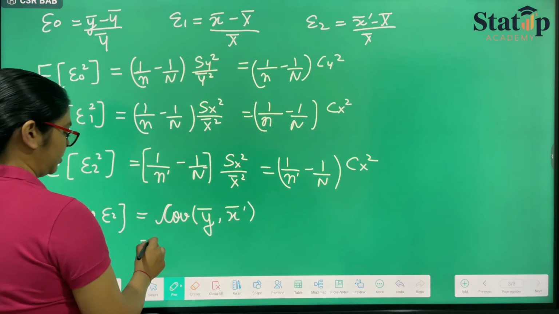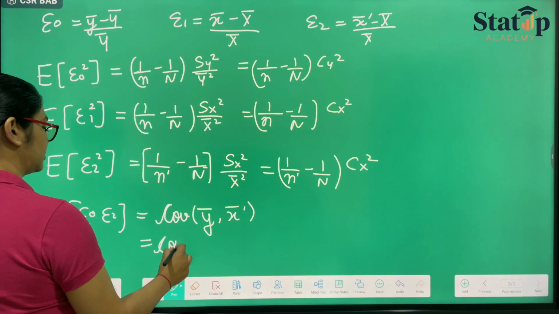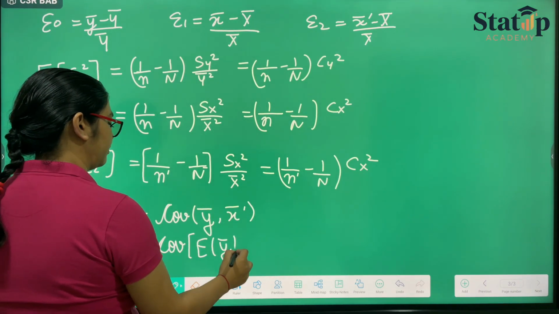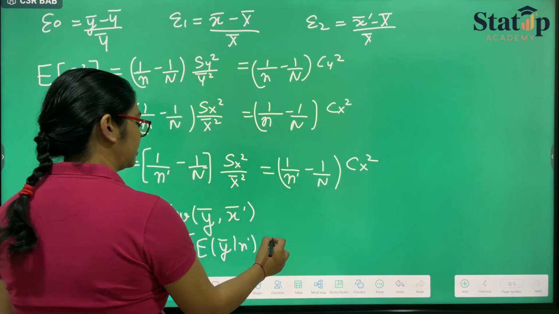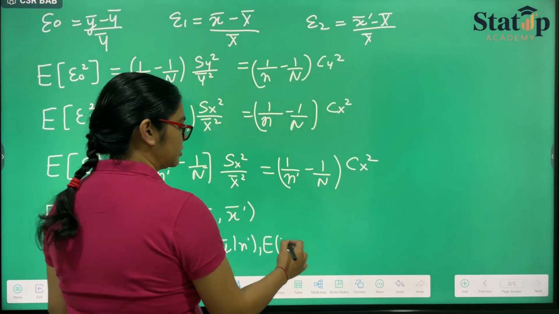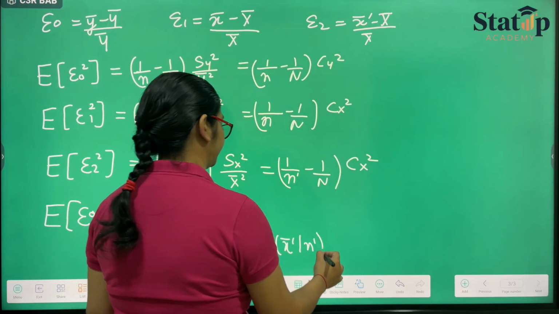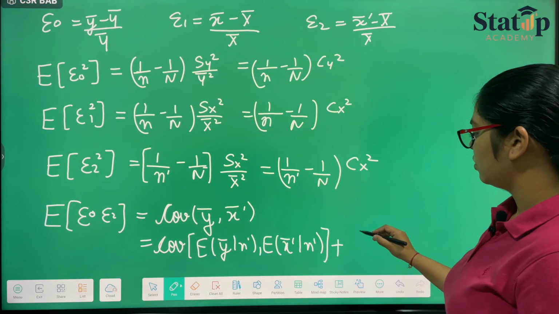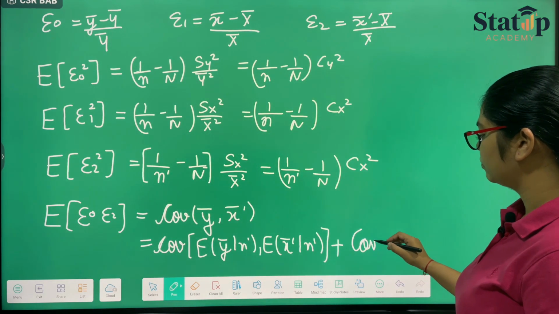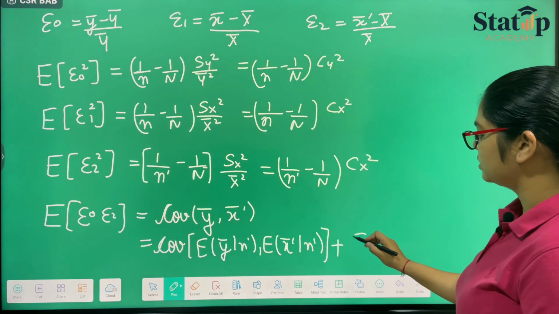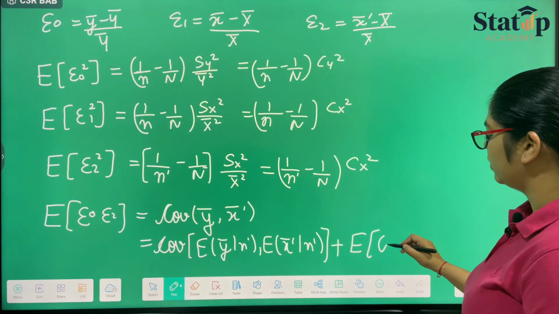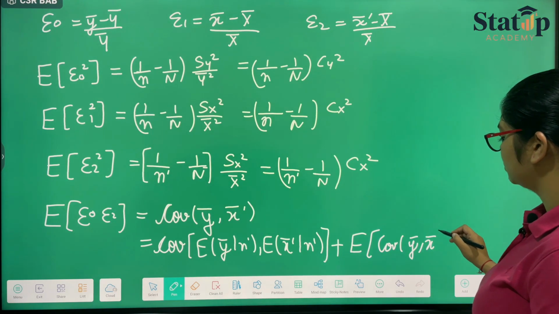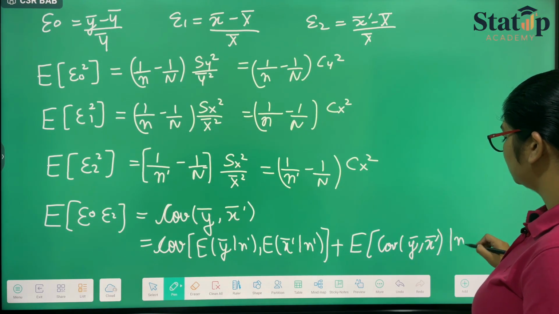Thus the covariance can be written as the covariance of the expectation of y bar given n prime and the expectation of x bar prime given n prime, plus the expectation of the covariance of y bar and x bar prime given n prime.